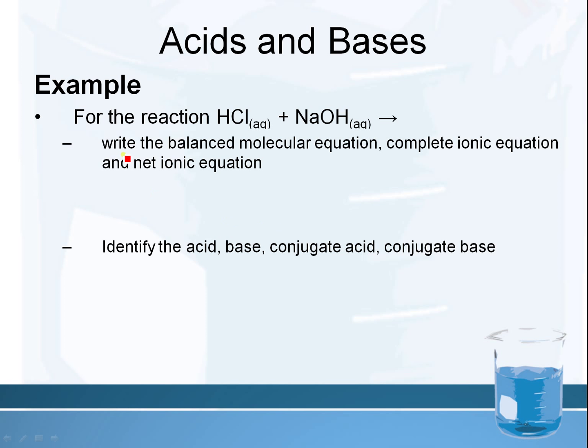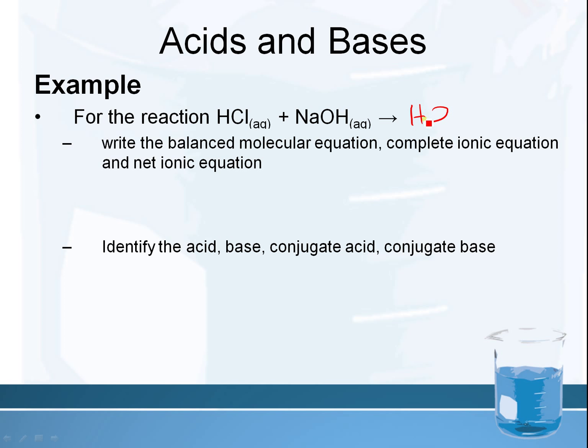In this problem, I want to write a balanced molecular equation, a complete ionic equation, and a net ionic equation for when you react HCl with NaOH. We also want to identify the acid, the base, the conjugate acid, and the conjugate base. For the first part of the question, we should know how to do these pretty proficiently, since this should be review.